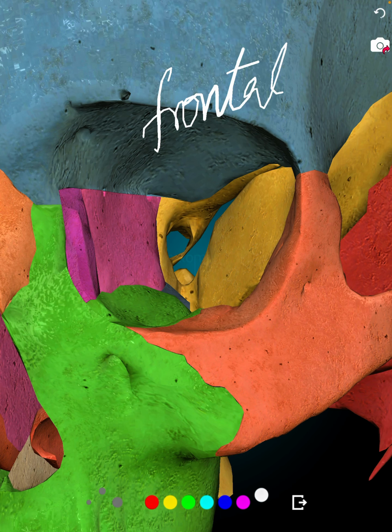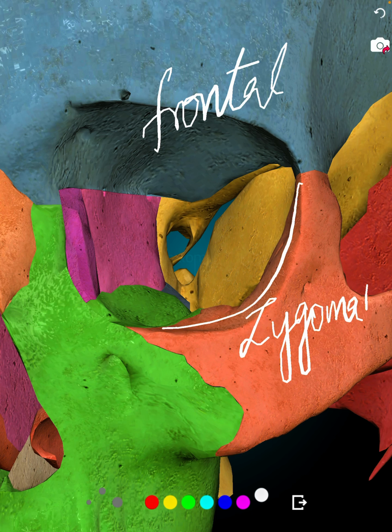On the lateral side, this bone over here, that is your zygomatic bone. And then in the inferior side, this green color bone, that is your maxilla.